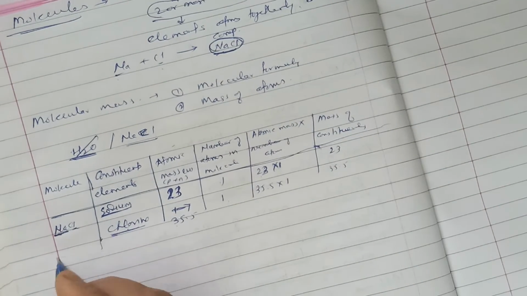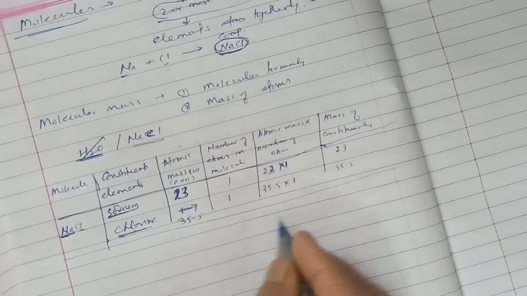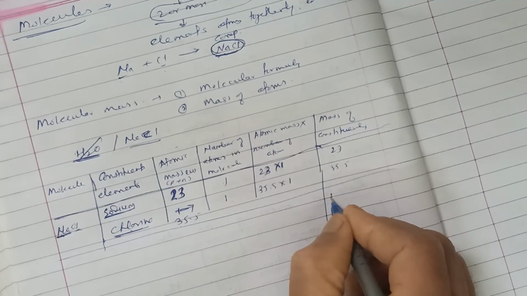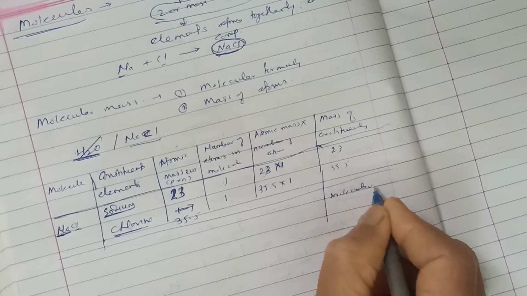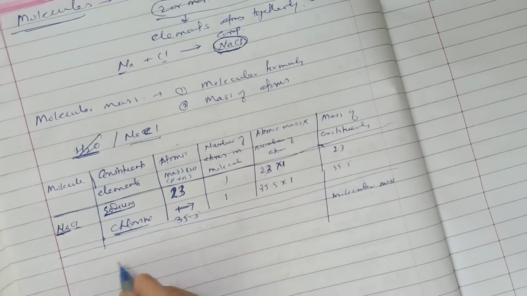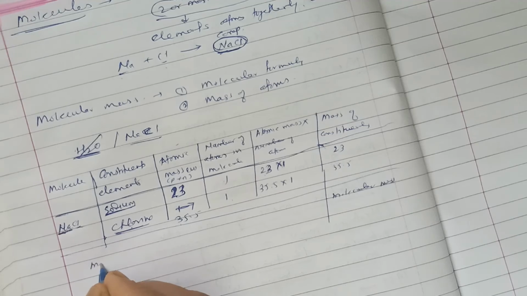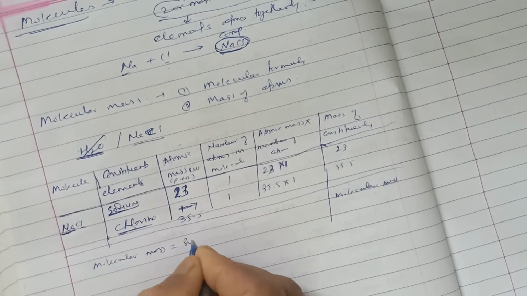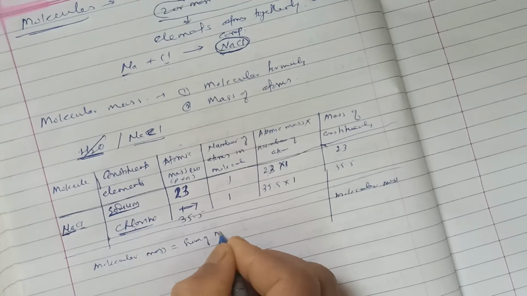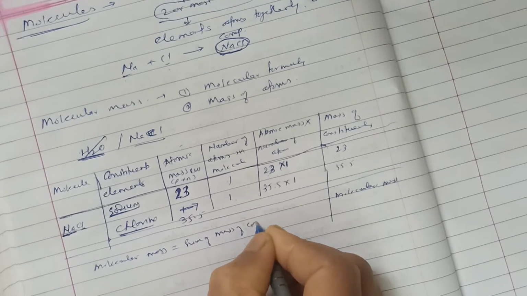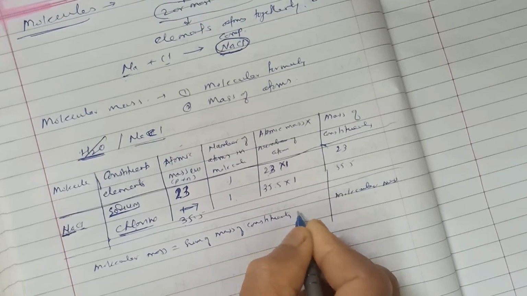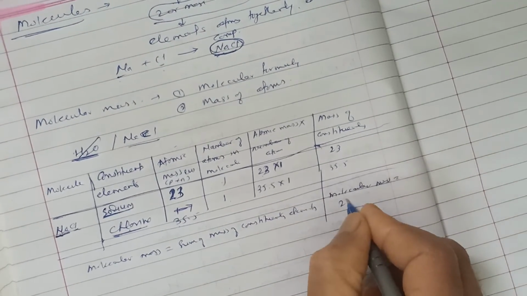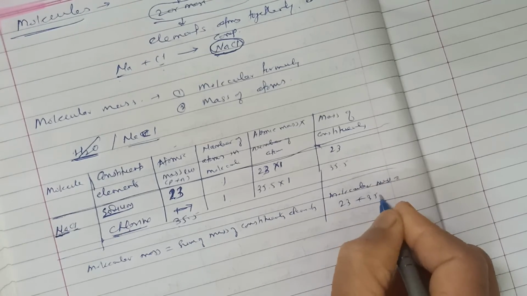Then at the end, you have to take the molecular mass. How can we calculate the molecular mass? See the formula: molecular mass is equal to the sum of the masses of constituent elements. So the constituent element masses are 23 plus 35.5.